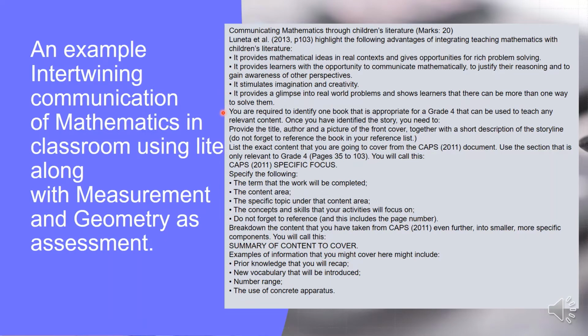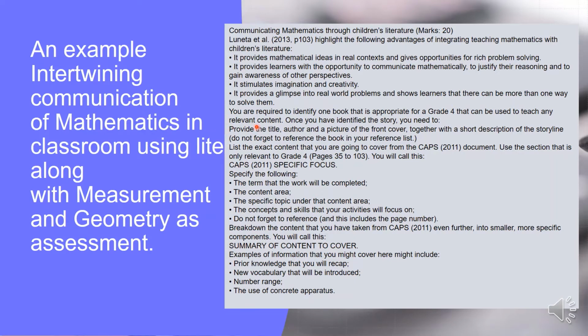You are required to identify one book that's appropriate for grade 4 and can be used to teach any relevant content. In our case, it's measurements and geometry.